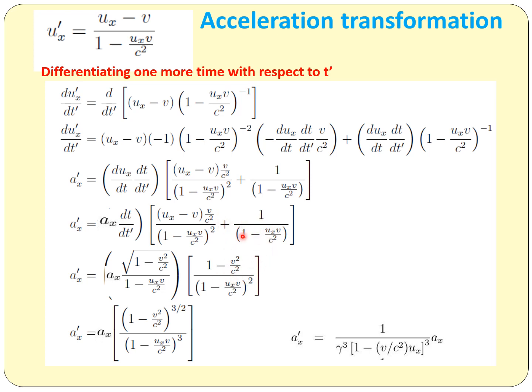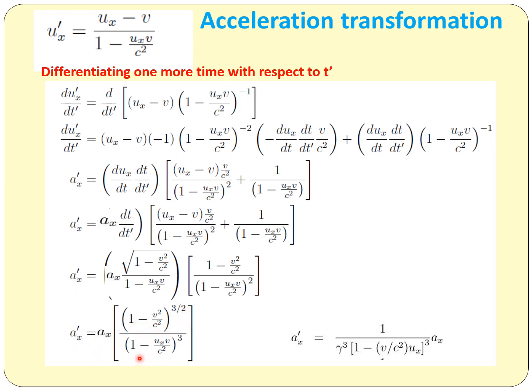It will give us something 1 minus ux b by c square, and this ux b by c square will be cancelled out. We will have only the term 1 minus b square by c square in the numerator, and in the denominator 1 minus ux b by c square whole square.